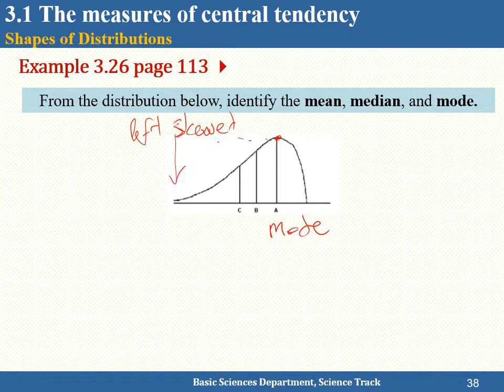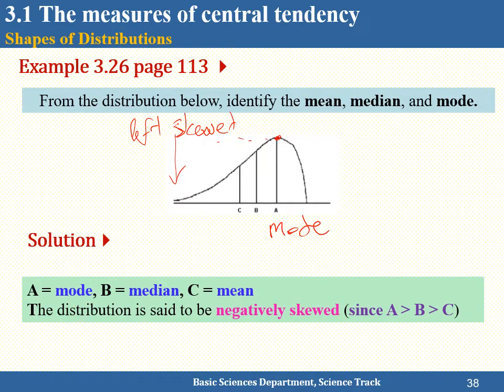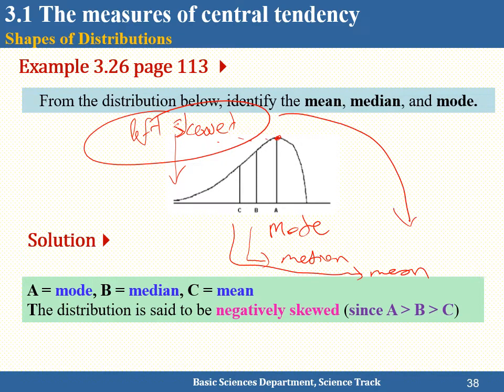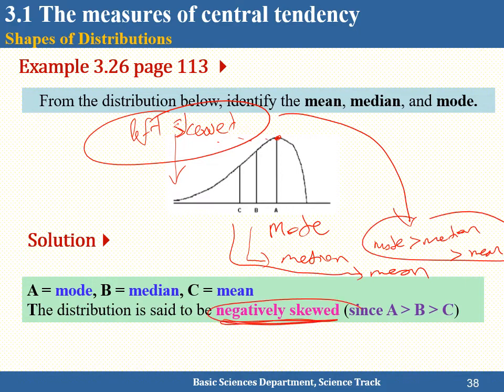Then we will have the median here, and the mean comes here because it's left skewed. For this reason, the mode is bigger than the median, and the median is bigger than the mean. You can also say negatively skewed; left skewed and negatively skewed are the same.